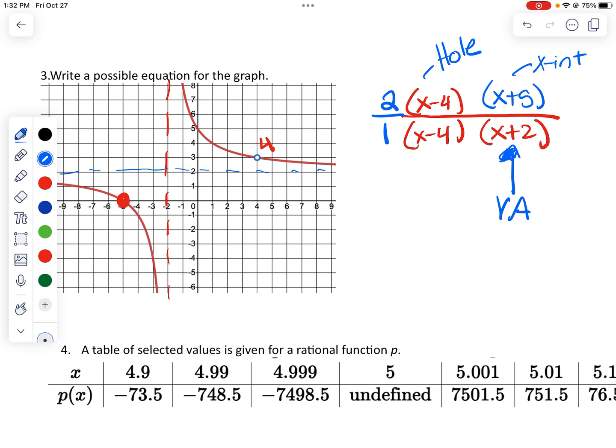And now we could double check a lot of things. We could double check our hole and say, well, if I plug in a value of 4, do I get a y value of 3? But I'm all right if you have identified all of these things: your hole, x-intercept, vertical, and horizontal.